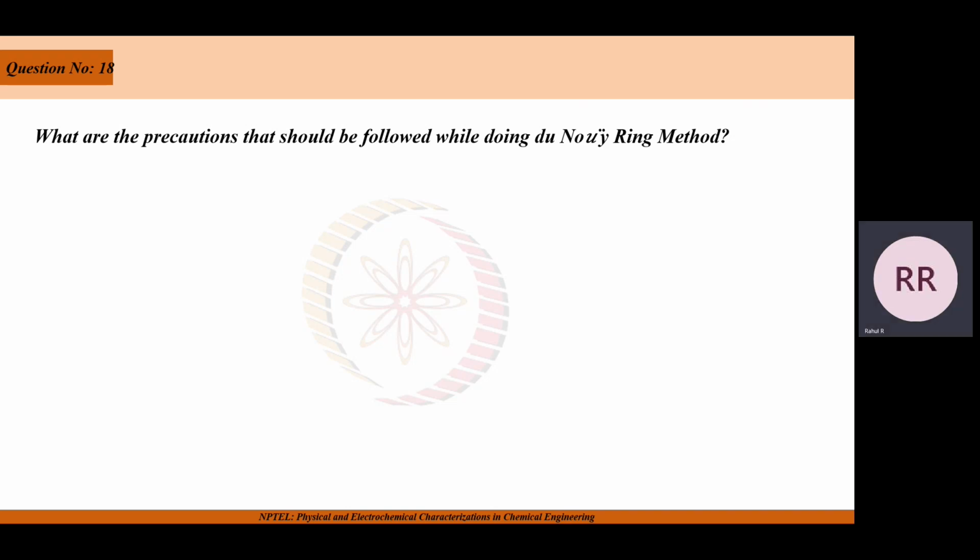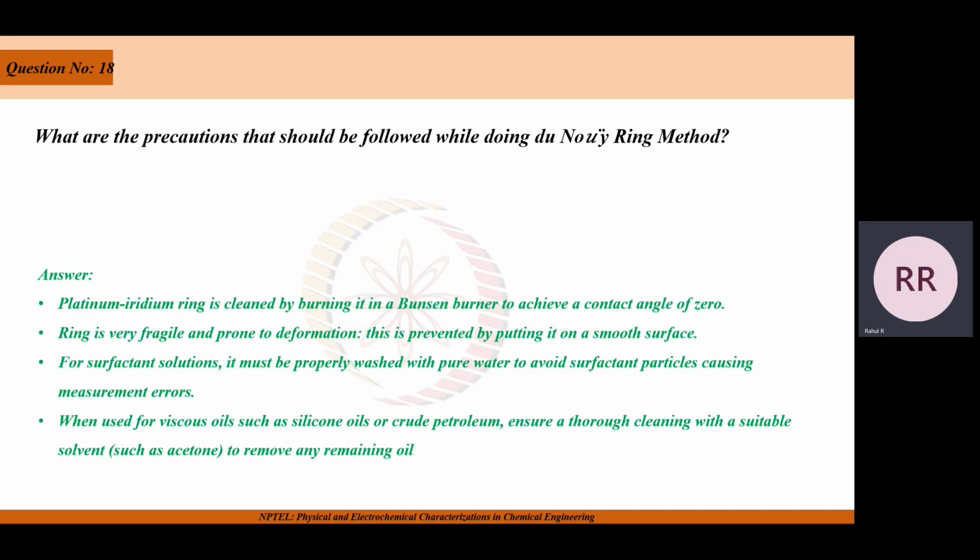You guys got enough time to think about the answer. So let me discuss the answer with you. A major precaution is that the platinum iridium ring should be cleaned in the Bunsen burner to achieve a contact angle of zero. The ring that is used is very fragile and prone to deformation, so this should be prevented by putting it on a very smooth surface.